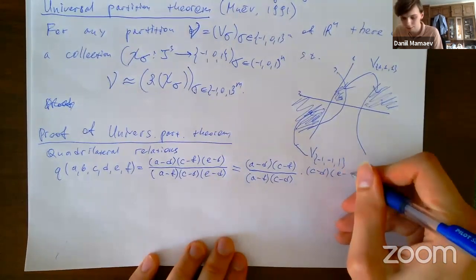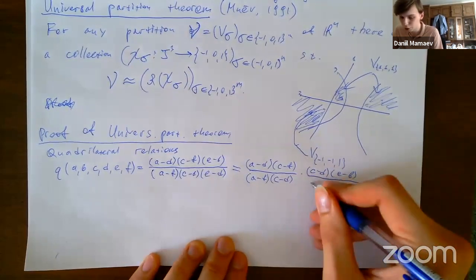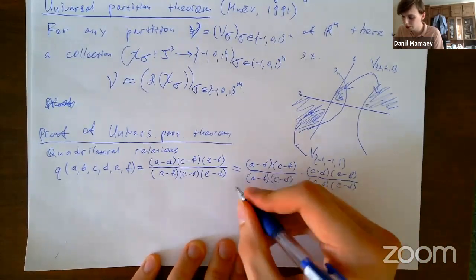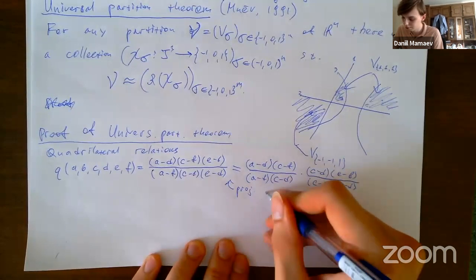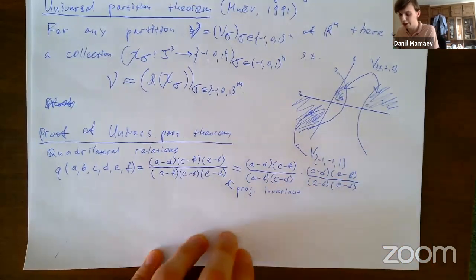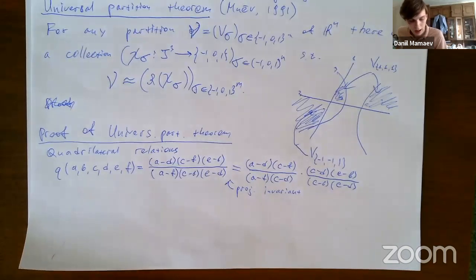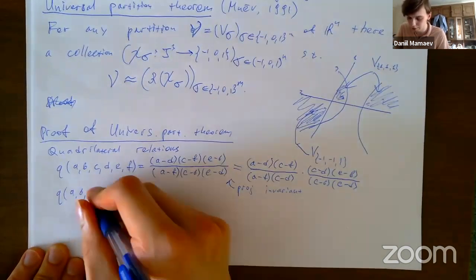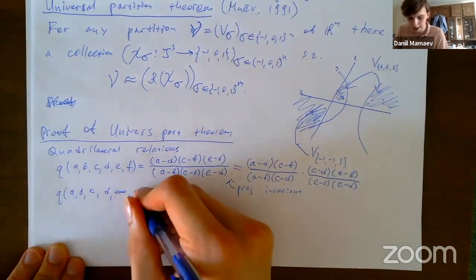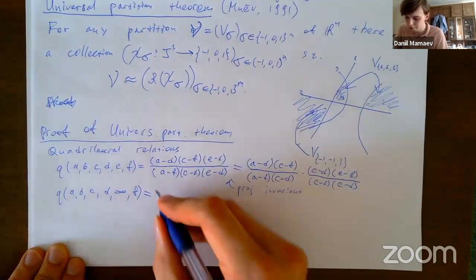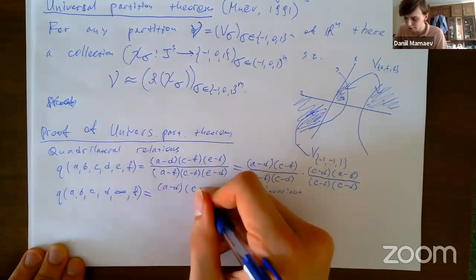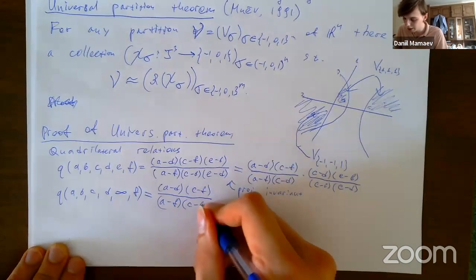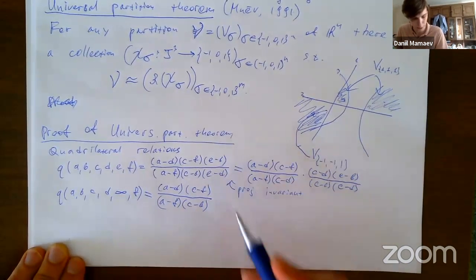And our quadrilateral ratio is just the product of two of such guys. And thus, it's also a projective invariant, so it's invariant under projective transformations of a line. You can define this thing not only for real numbers, but also if you insert infinities here and there, because infinity minus whatever is equal to infinity minus whatever.